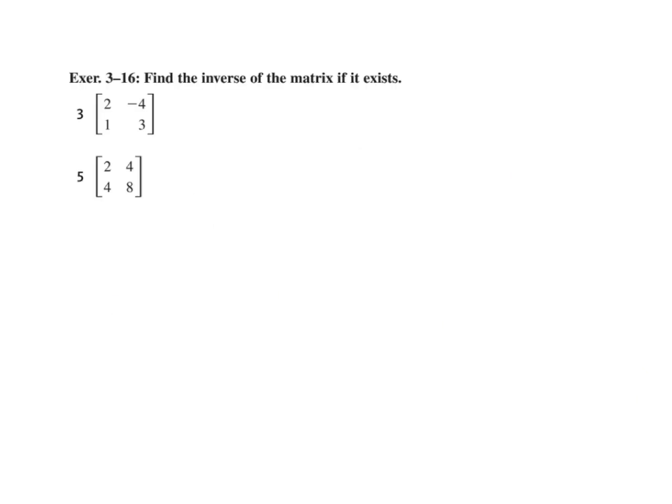Okay, now find the inverse. So what we do is we add the identity matrix to this, and now we do your row echelon form part. All right, so I'm going to switch row 1 with row 2 to put the 1 on top. So 1, 3, 0, 1, and 2, negative 4, 1, 0.